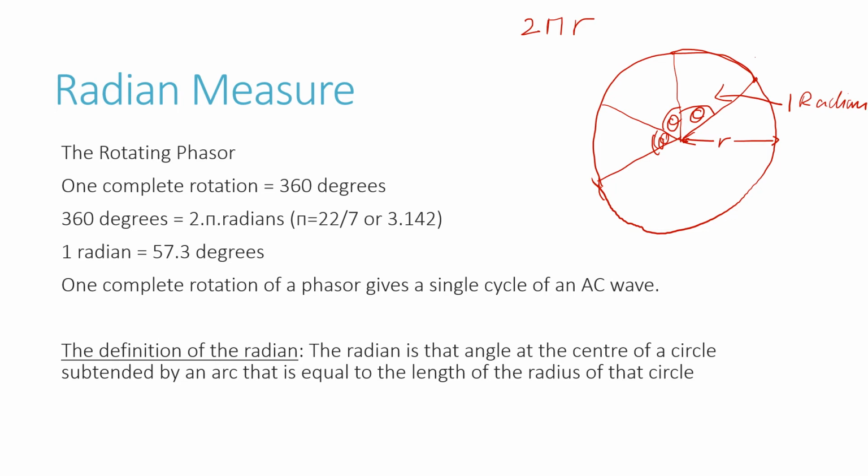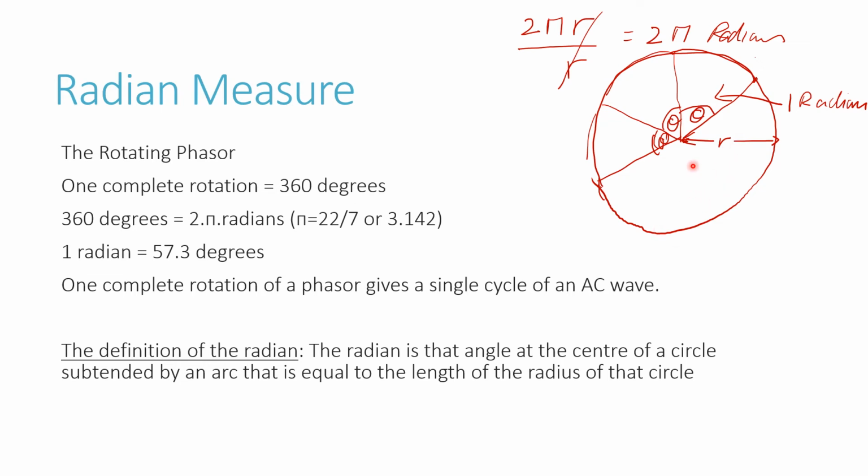So if a radian is produced by a radius, you just need to find out how many of these are around there. So you simply divide the 2 pi r by r, and that will cancel out, and that will give you 2 pi radians. So you see it here? There are 2 pi radians in a complete circle that is 360 degrees. Okay? All right. So I hope that is clear.